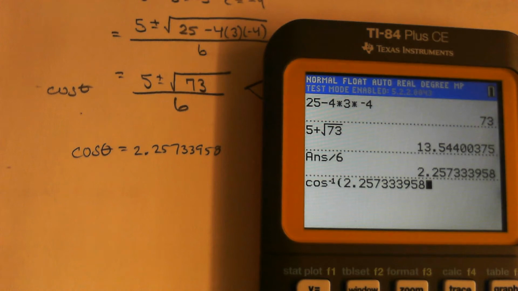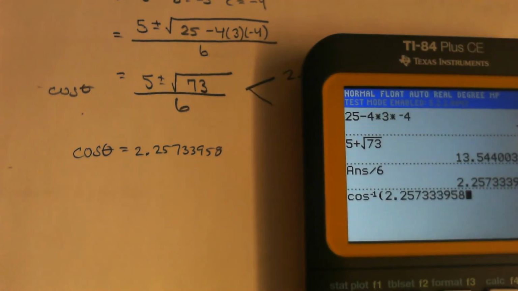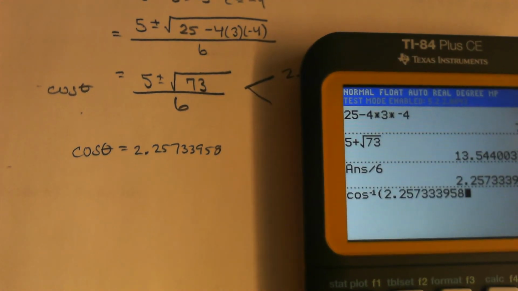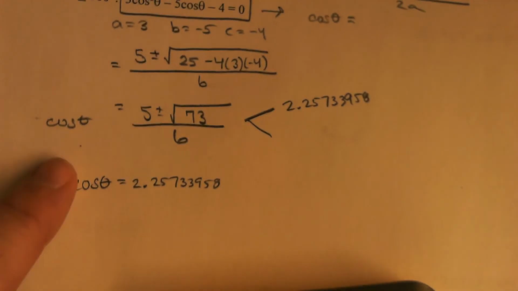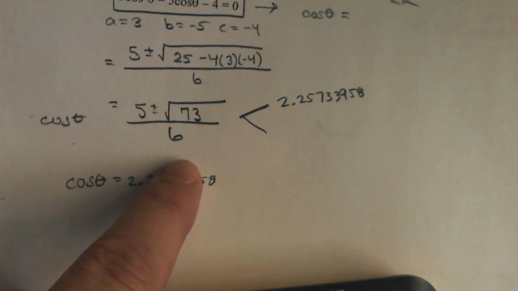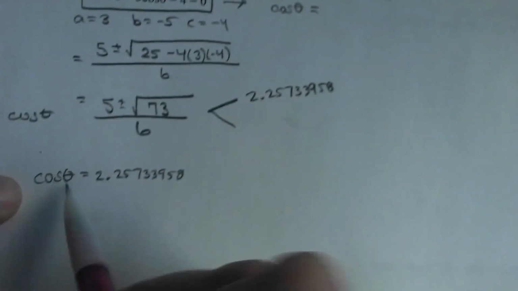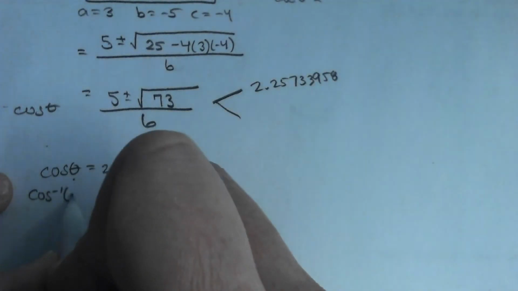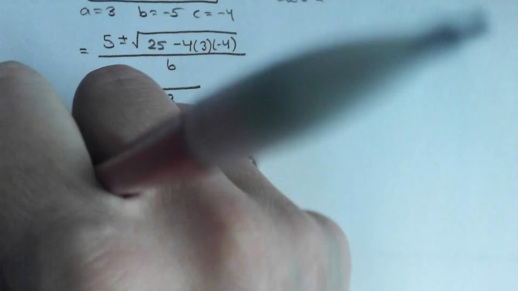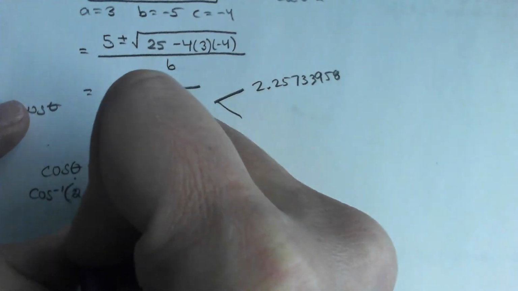Why are you taking the inverse cosine of that? Because the quadratic formula is normally x equals that, and this is cosine theta equals that. So when I'm trying to solve for theta, I do inverse cosine of that 2.25 number. You follow? Yeah, I got that.